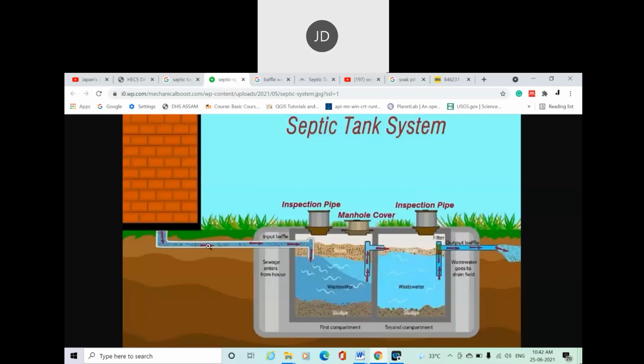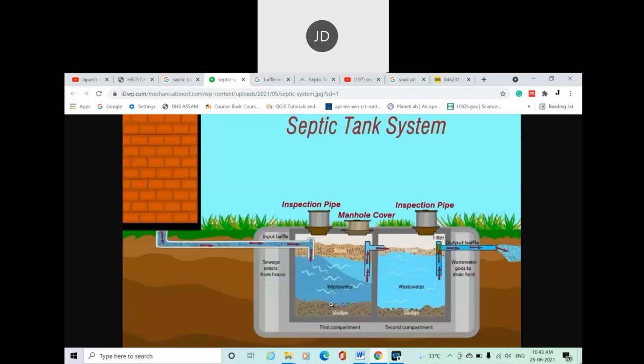So what is the basic mechanism? The wastewater with the solid waste will come in as an influent. It will come into the first chamber, and through anaerobic decomposition by the bacteria present in the waste, it will break down the waste matter, and the waste matter will fall in the first chamber as sludge.